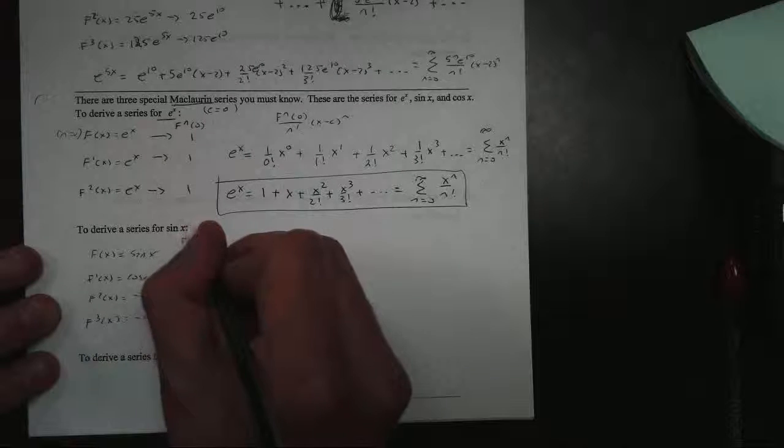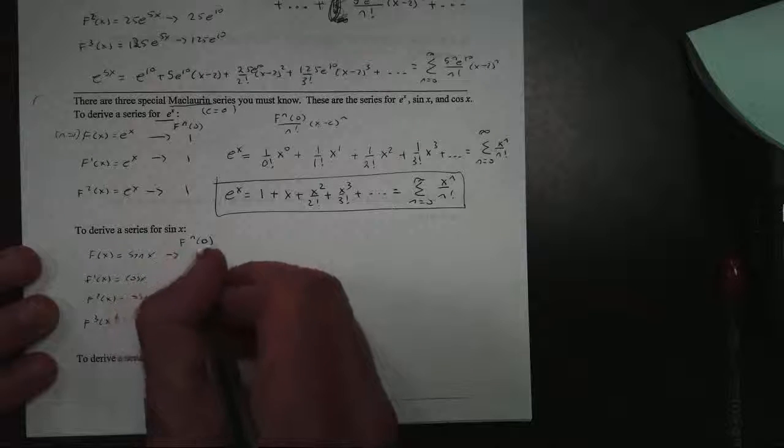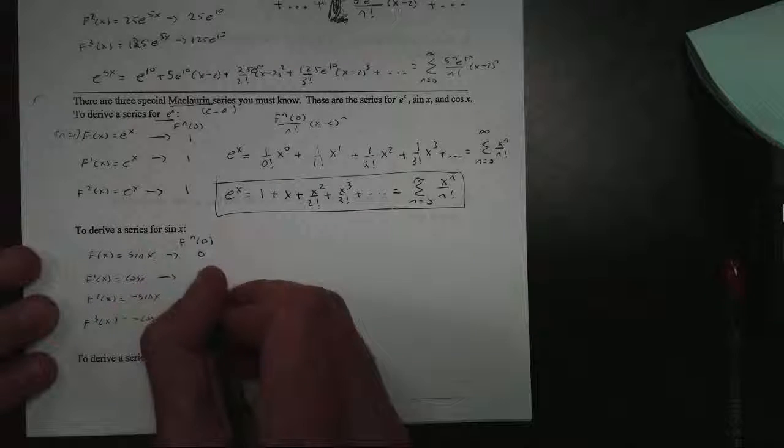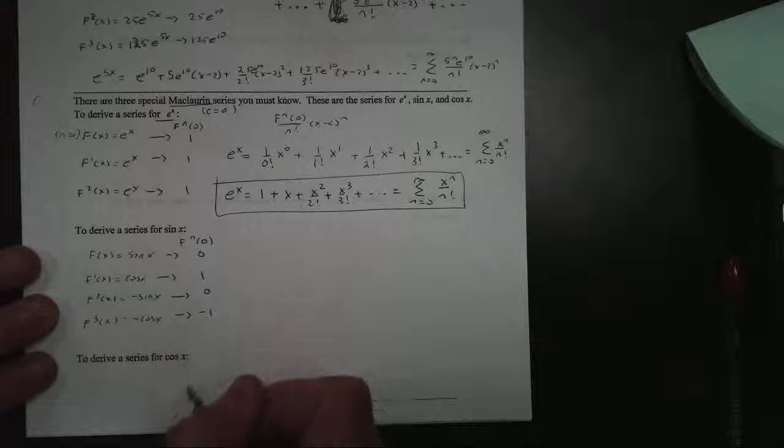Because again it's Maclaurin, I want to find the values of each of these at 0. Sine is easy, 0. Cosine is 1. Sine is 0. Cosine, negative 1.